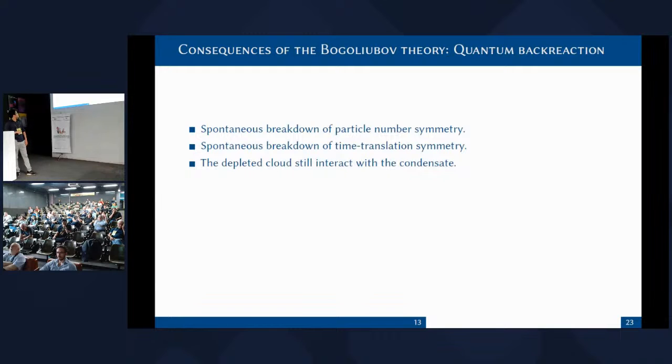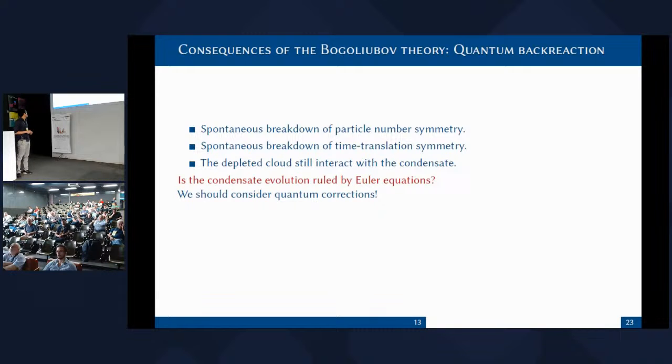And of course, as particles leave the condensate, there are still interactions between these particles and the condensate. Okay, so now we come to the main question: is the condensate still ruled by the Euler equations? Well, that might not be the case, and we must consider on this evolution the quantum corrections.